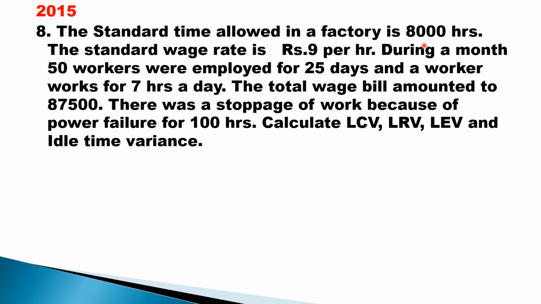I repeat, 8,000 hours is called standard time, 9 rupees is called standard rate. Actual rate is missing, actual time is missing. First find out actual time. How to find actual time? 50 workers into 25 days into 7 hours a day. You get actual time. After that, later you can find actual rate.